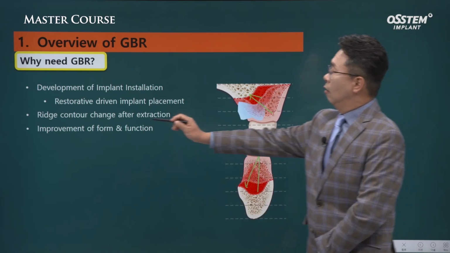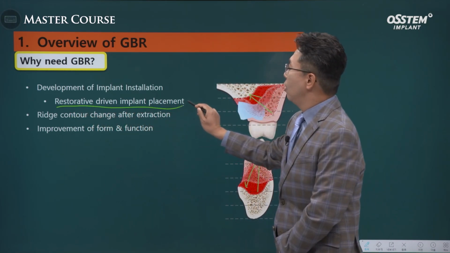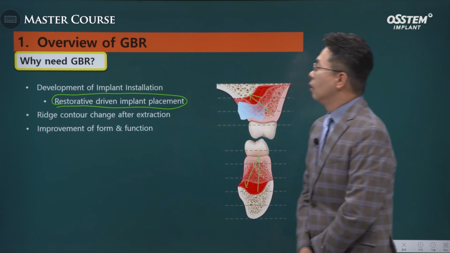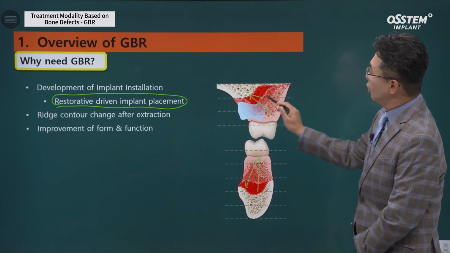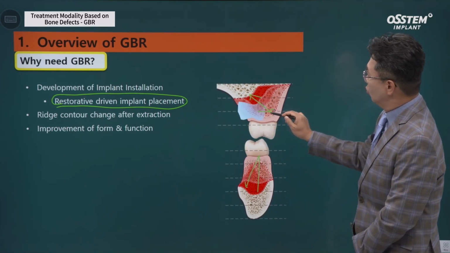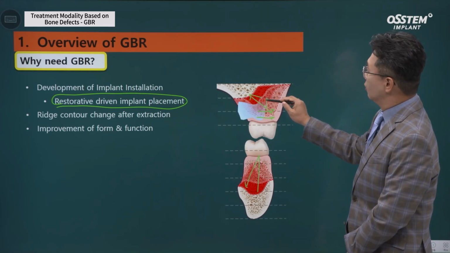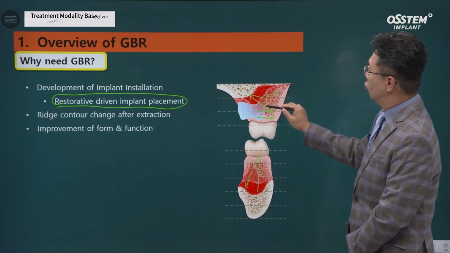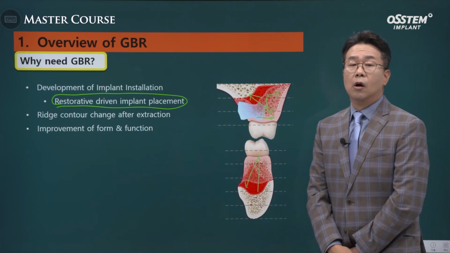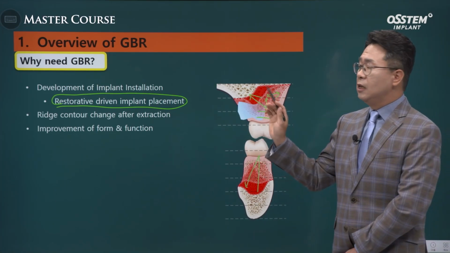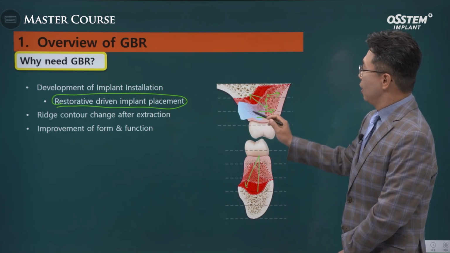In order to do restoration-driven implant placement and have ideal occlusal relation, we need to place implant here. However, in that case, inevitably, there will be lack of bone height and width. We need to have understanding of this.